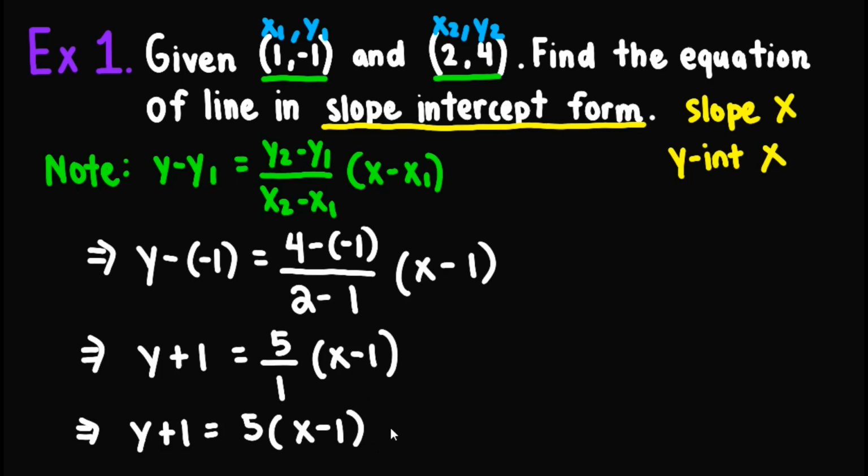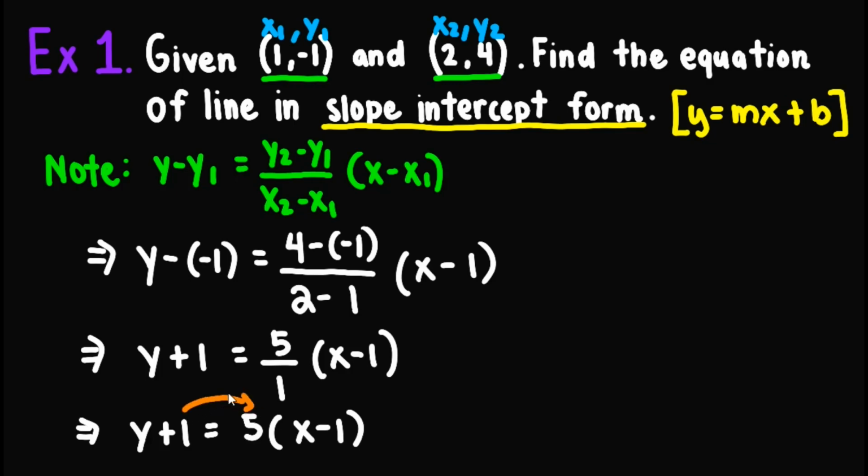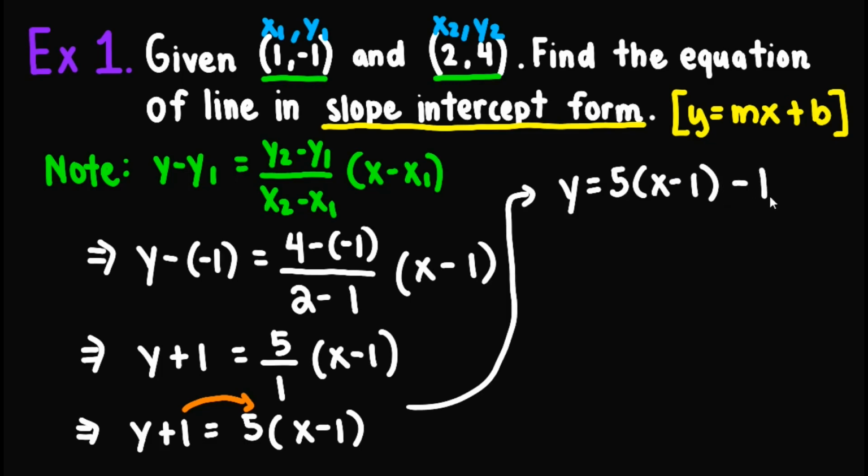Since our goal is the slope-intercept form, take note that the slope-intercept form is given by this form. So we know that y should be isolated on the left. To do that, we move 1 to the right. That will give us y equals 5 times x minus 1 minus 1.